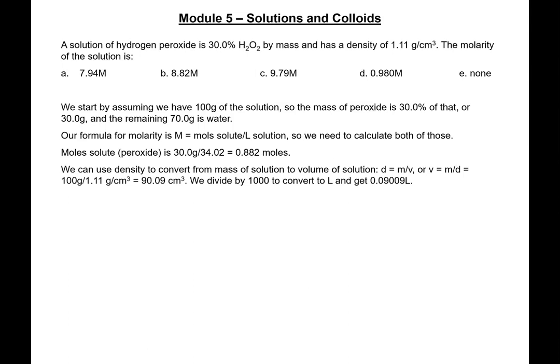Now, we don't know about water, but here we can use the density of our solution to convert from mass of solution to volume of solution. We do this through our density equation. We know that density D, or sometimes given as the Greek letter rho, which looks like a P but isn't, is mass divided by volume. If we rearrange that, volume is equal to mass divided by density.